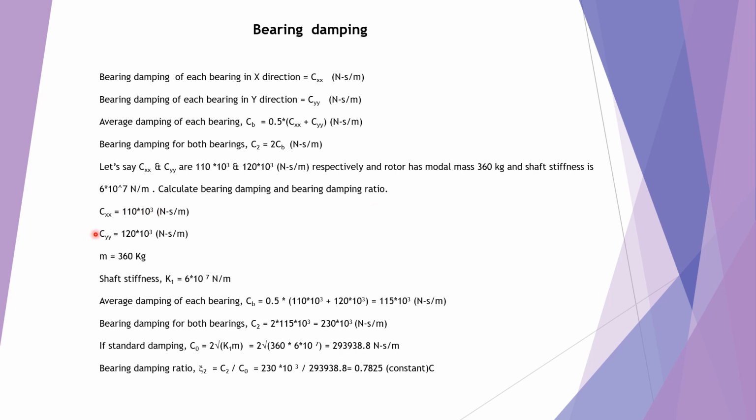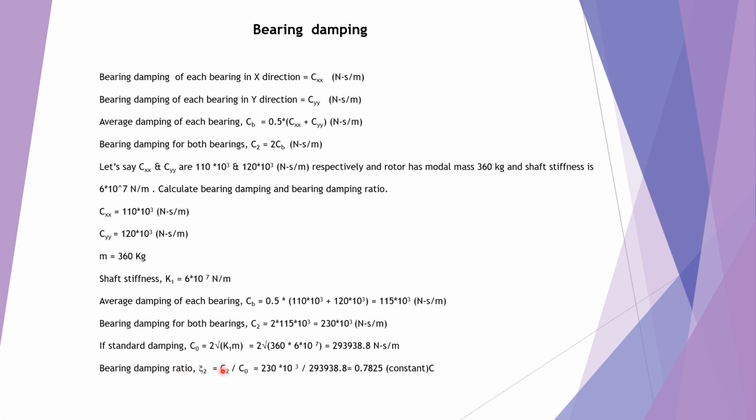Cxx is 110 into 10 to the power 3 and Cyy is 120 into 10 to the power 3 Newton second per meter. M is 360. The shaft stiffness K1 is equal to 6 into 10 to the power 7. The average damping is half of this, which is 115 into 10 to the power 3. The bearing damping of both bearings, 2 times, is 230 into 10 to the power 3 Newton second per meter.